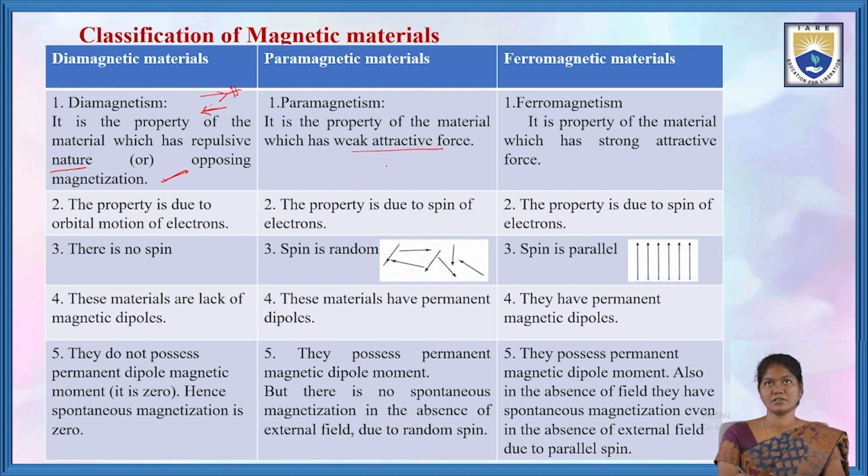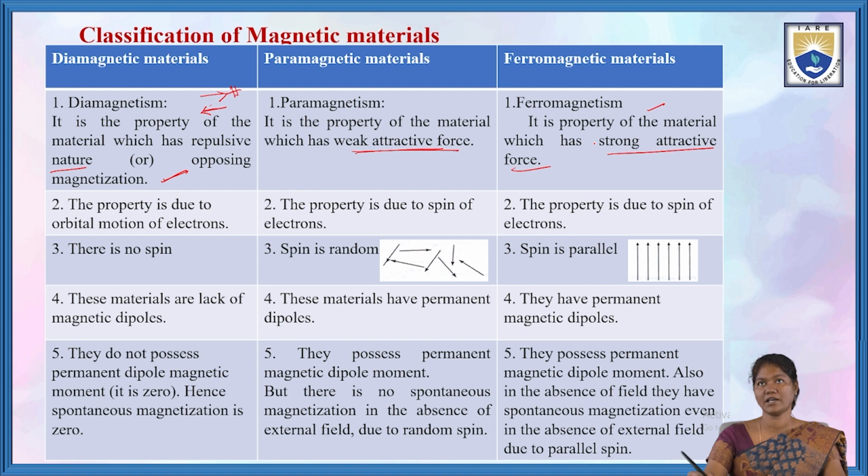When there is some magnetic field, then all the atoms' magnetic moments are aligned along the field direction, so that it has weak attractive forces. Ferromagnetism. Ferromagnetism is the property of magnetic material which has strong attractive forces.